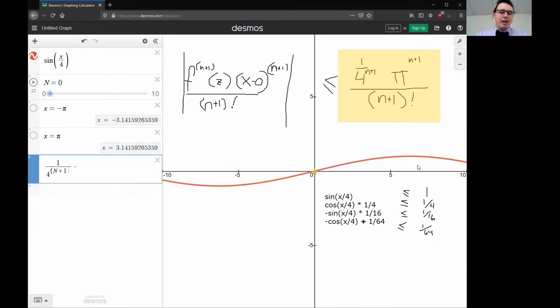This is going to be multiplied by pi to the power n plus 1. Then everything is going to be divided by n plus 1 factorial. Desmos has chosen to write this a little bit differently than I said it, but everything seems to check out.